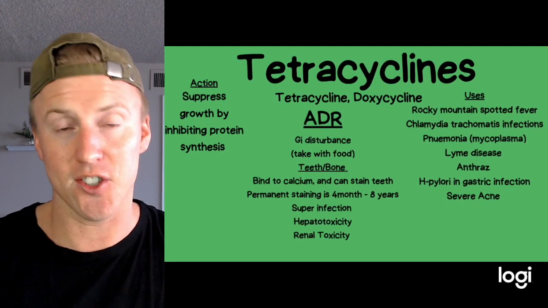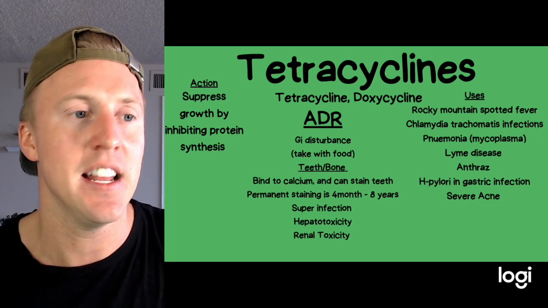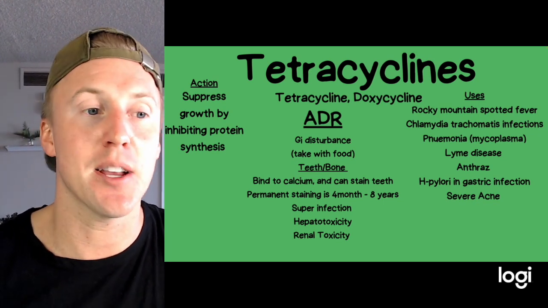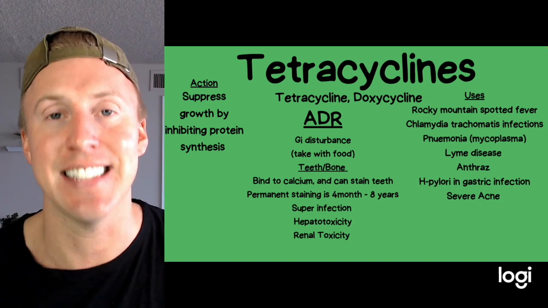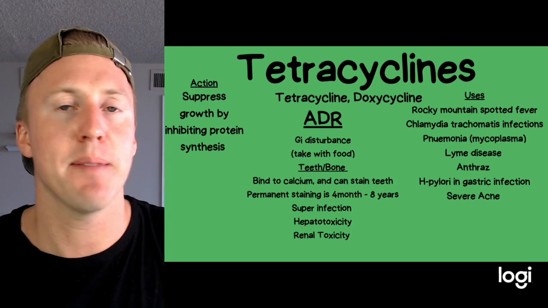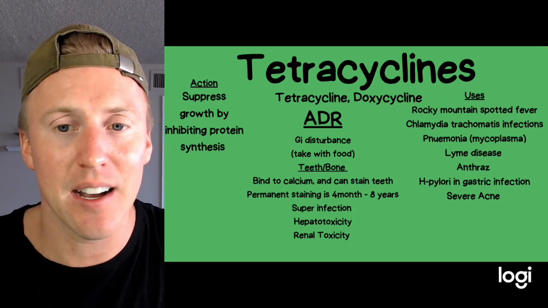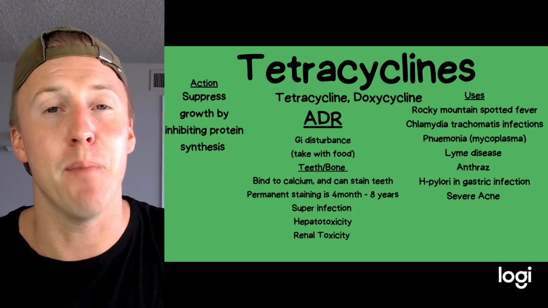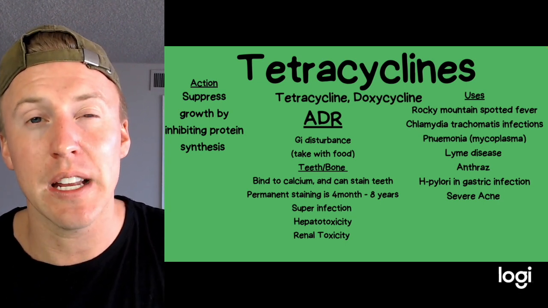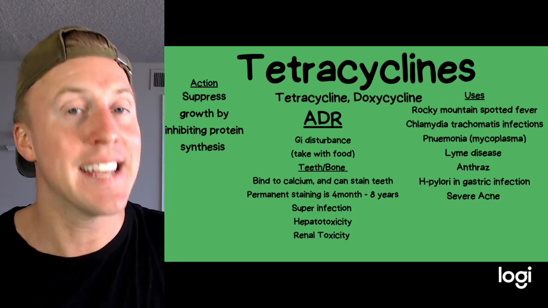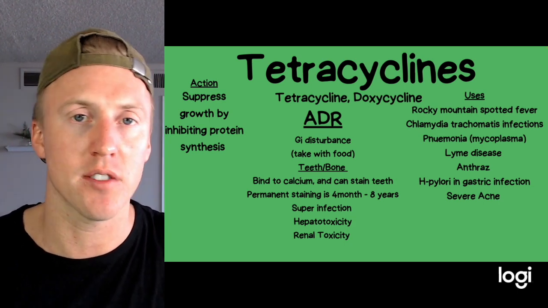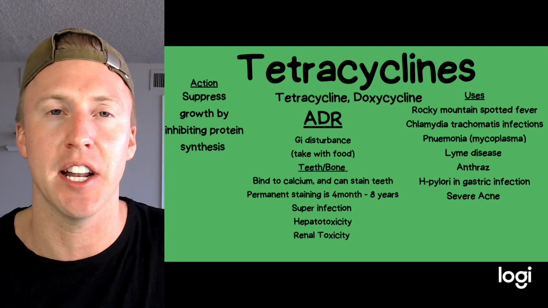Tetracyclines, such as tetracycline and doxycycline, work by suppressing the growth of bacteria by actually inhibiting protein synthesis. Now, some of the uses of tetracyclines are things like Rocky Mountain spotted fever, chlamydia, which we'll cover in another video, pneumonia, Lyme disease, anthrax, H. pylori, which we know is a common bacteria to cause issues with peptic ulcer disease, like duodenal ulcers and gastric ulcers, which we covered in another video.